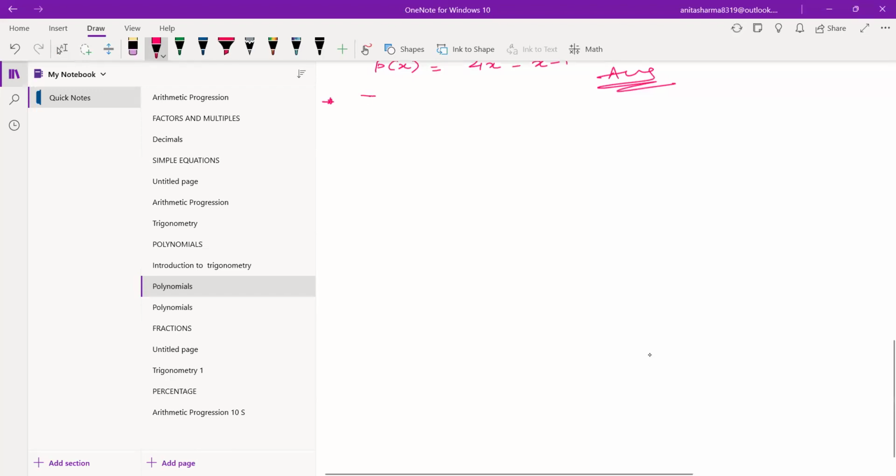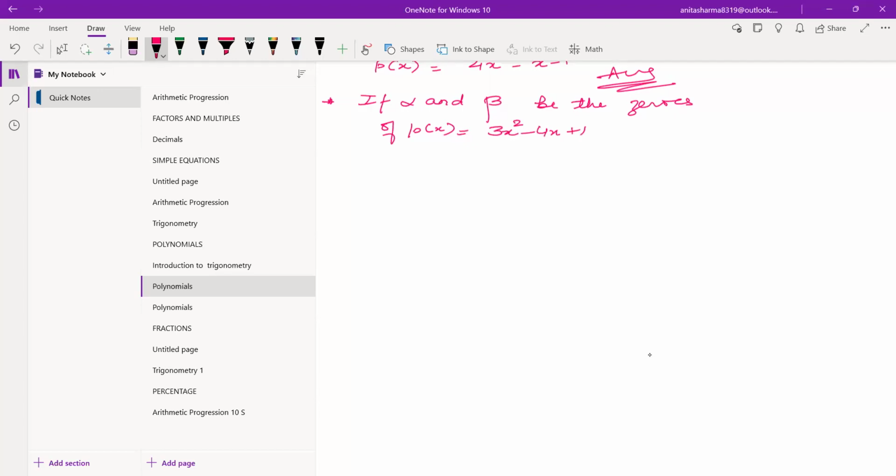Now see, children, if alpha and beta are the zeros of the quadratic polynomial 3x square minus 4x plus 1, then find the value of 1 upon alpha plus 1 upon beta.